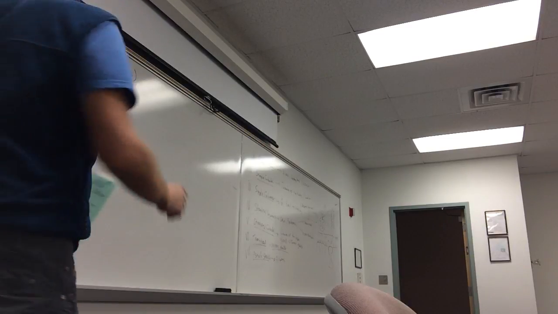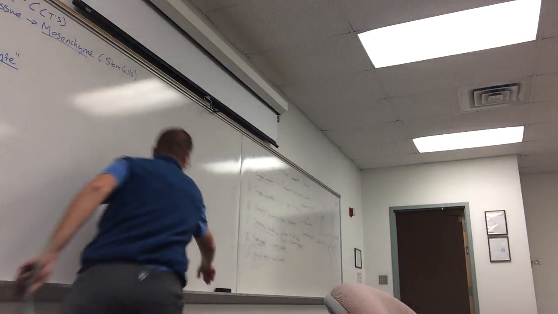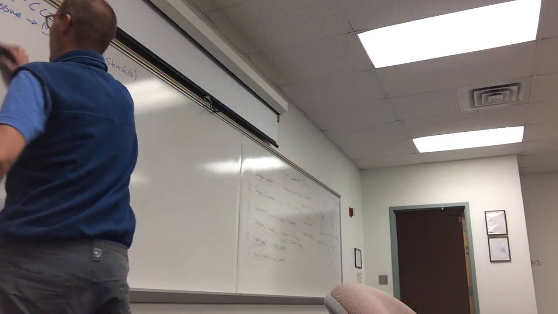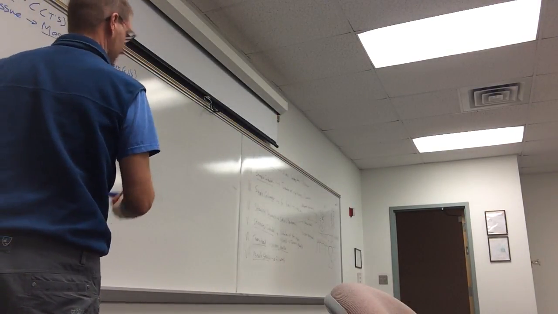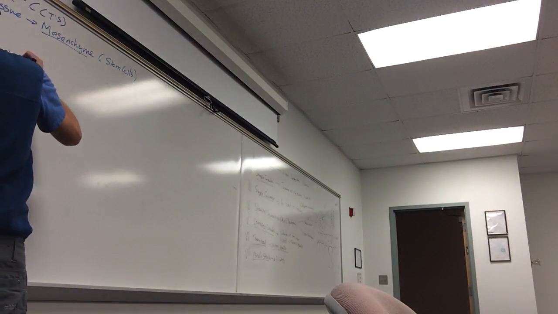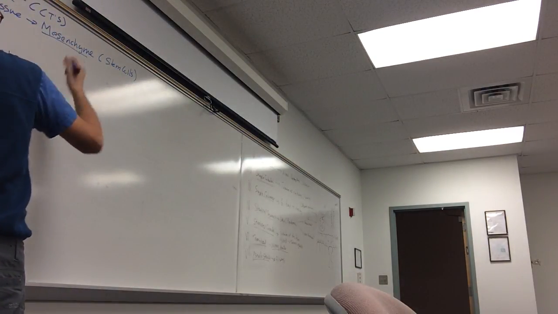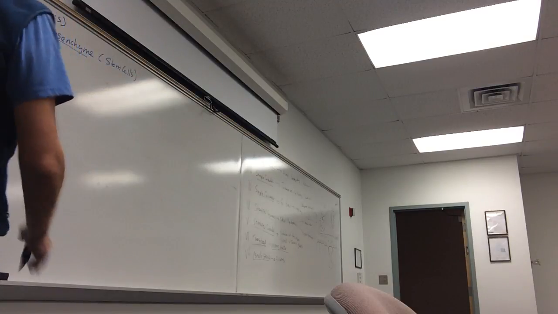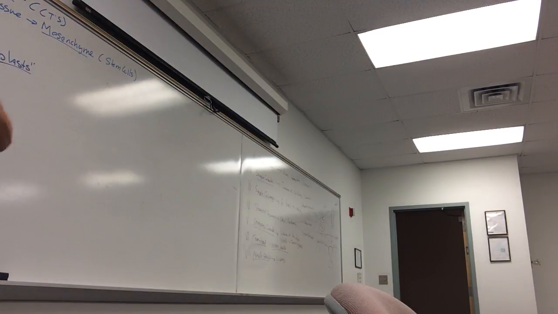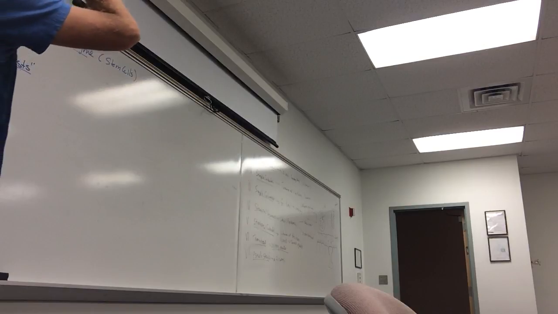Let me erase this. I think I messed it up. Sorry about that. Active cells, rather, are called blasts. Active cells have the suffix blast when they're producing the matrix. There are many different types, but they all end with blast, and I'll give you some examples in a minute.